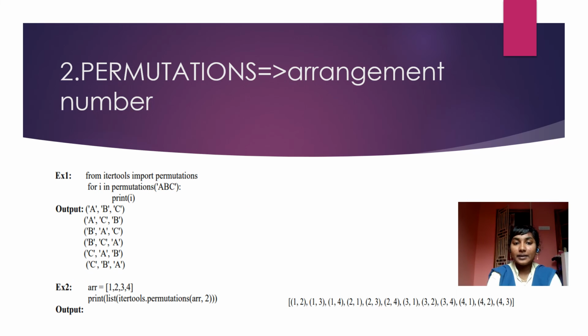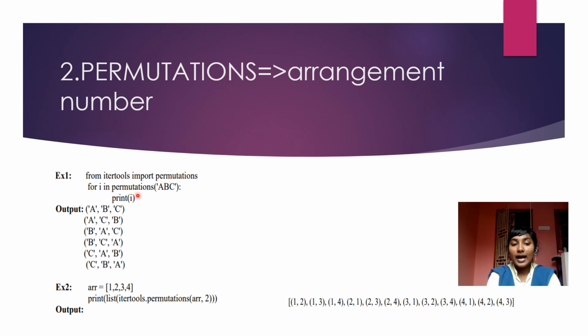The second type in combinatoric itertools is permutations. Permutations help us to arrange the following numbers. Here we'll consider two examples and know briefly about it. From itertools import permutations, so that the Python notebook will know to import itertools.